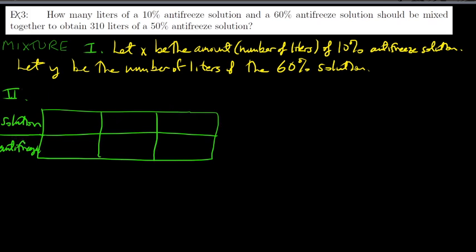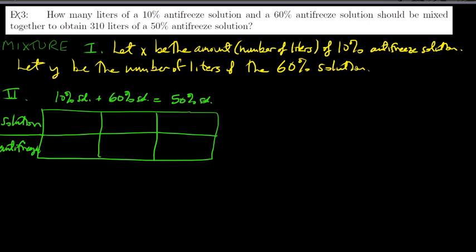And then for the columns, we have a 10% solution. We're going to mix that with a 60% solution, and then we get something in between, a 50% solution. We do not get a 70% solution. You would need something way more concentrated, like pure antifreeze, to get something higher than 60%.